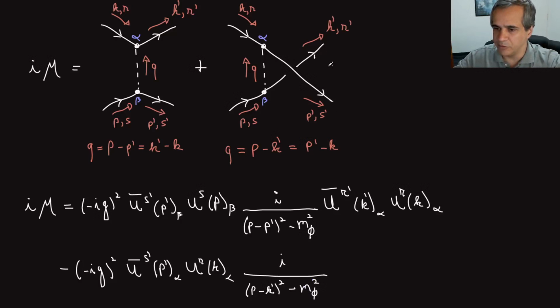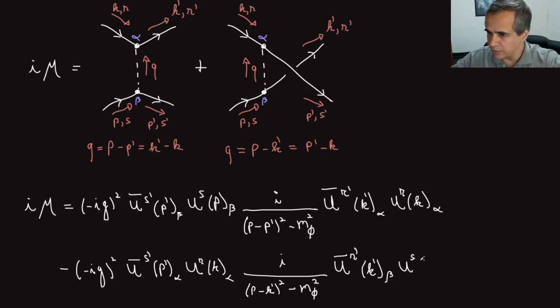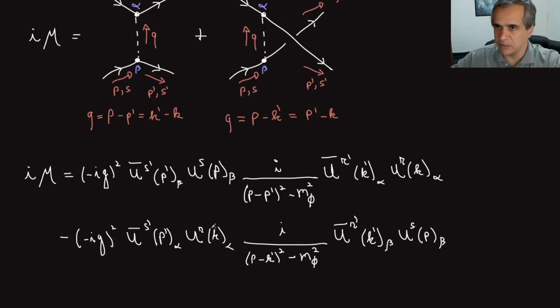And then the other fermion line, right, it's just ū starting from here, ū of r' k' index beta, contracted with u of s p index beta, right? And those are the two contributions to this process.